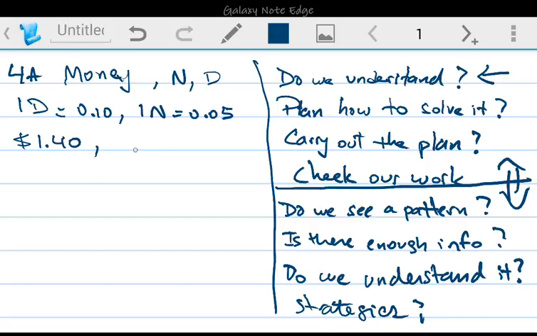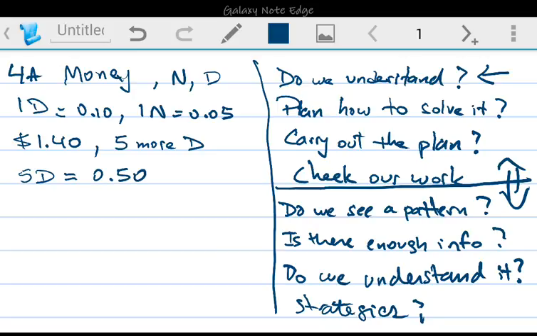And we also know that we have 5 more dimes than nickels. Now if one dime is 10 cents, how much is 5 dimes? So 5 dimes are equal to 50 cents.